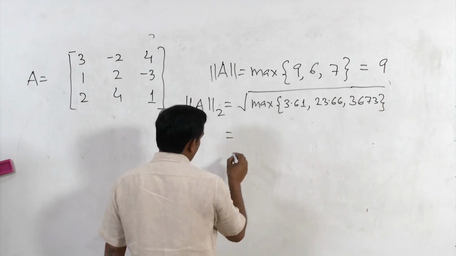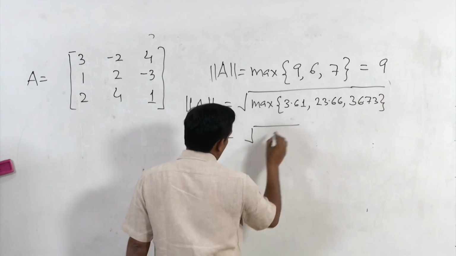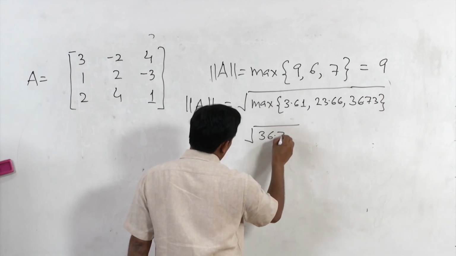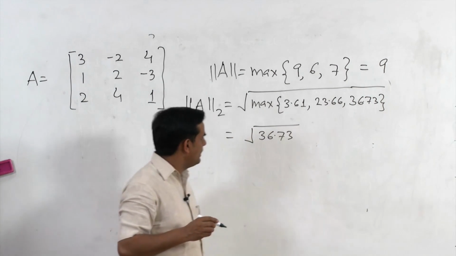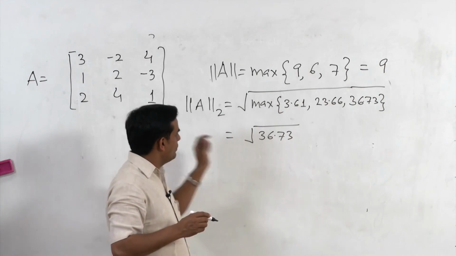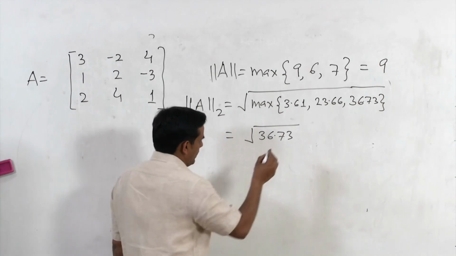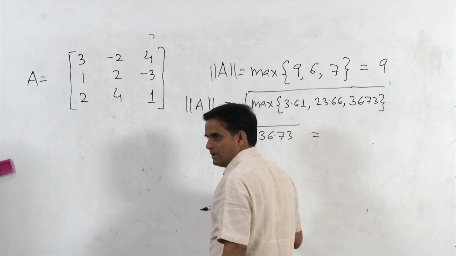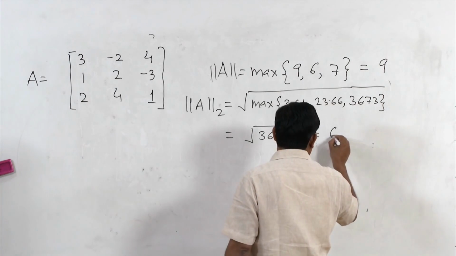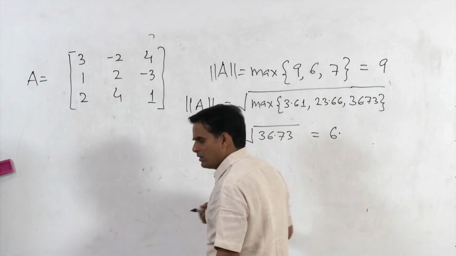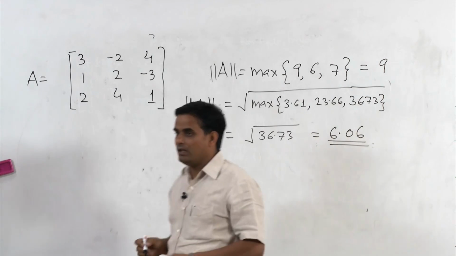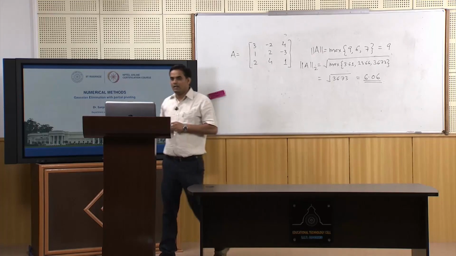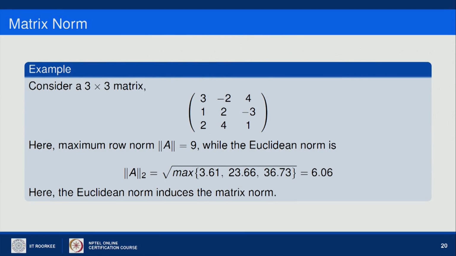So, it means the square root of 36.73, which is the maximum among these 3 eigenvalues of A transpose A, and this comes out as 6.06. So, here you can see the Euclidean norm induces the matrix norm.